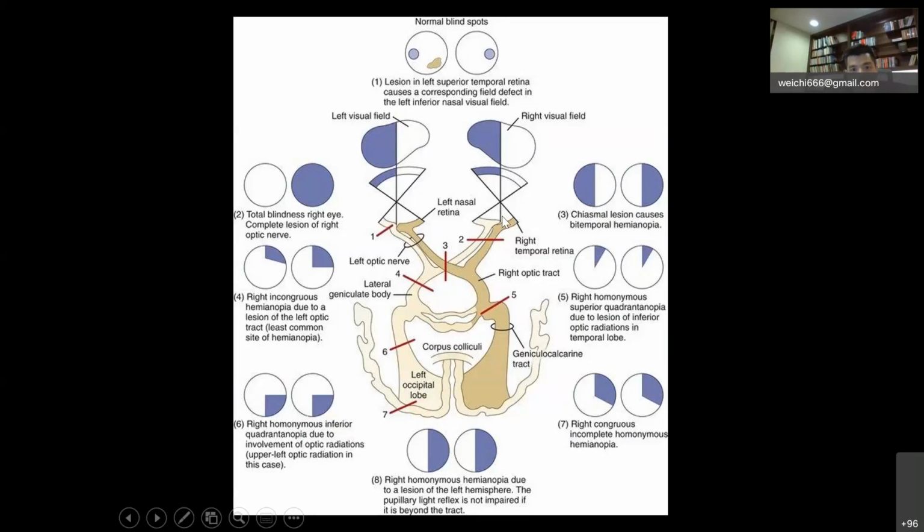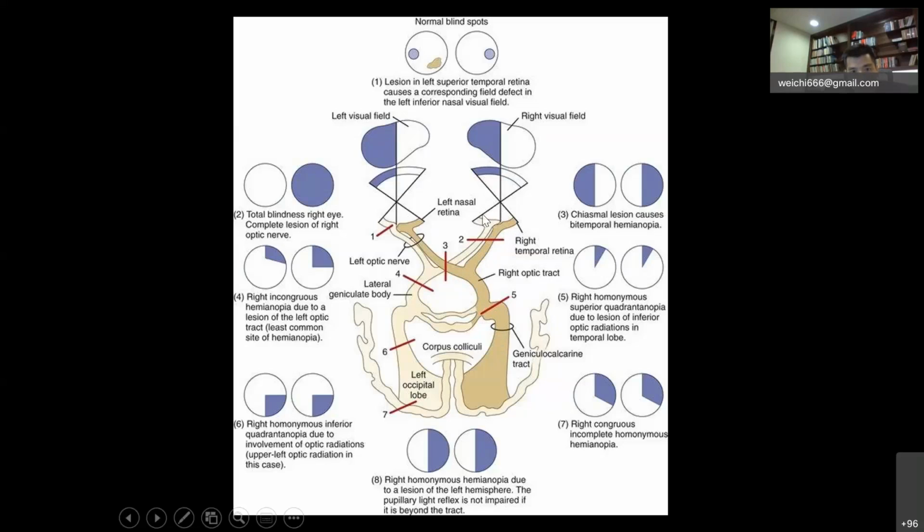Why? Because you could see that this is a retina, okay? The temporal retina could sense the visual field in the nasal hemisphere. So if there's a lesion here, the fiber on the temporal side could still sense the nasal visual field, because that fiber does not cross here and is still intact.